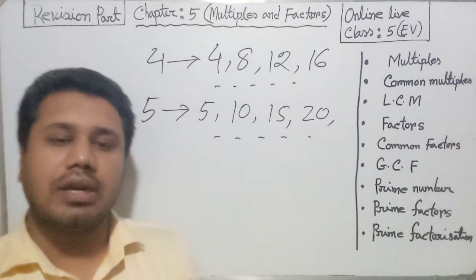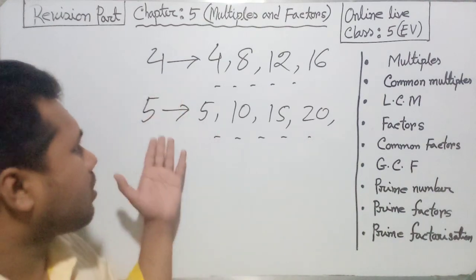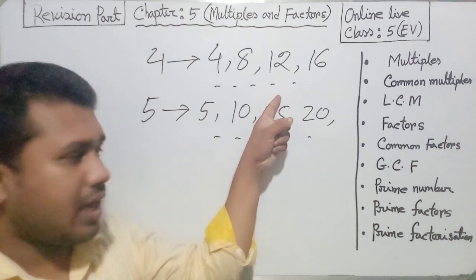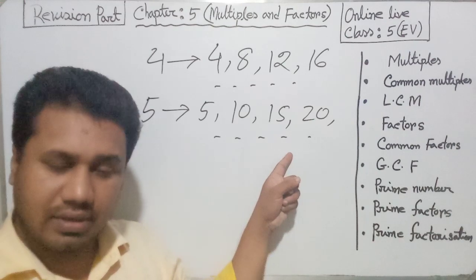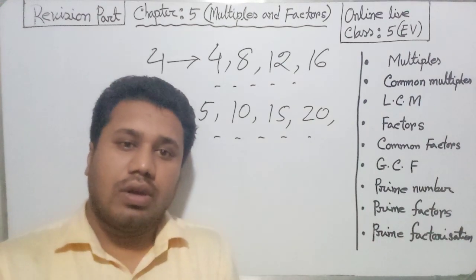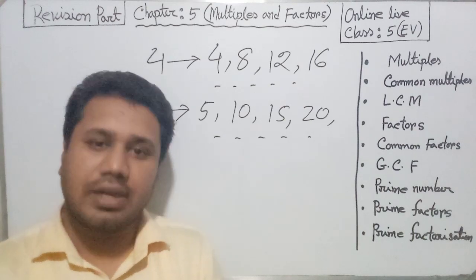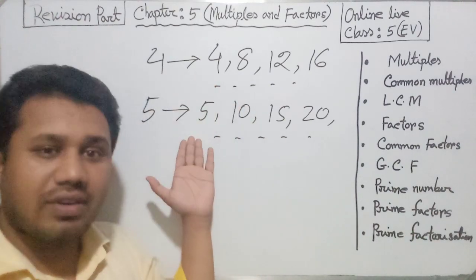Now common multiples. Suppose the multiples of 4 are these and the multiples of 5 are these. Now which numbers are the common multiples between 4 and 5?